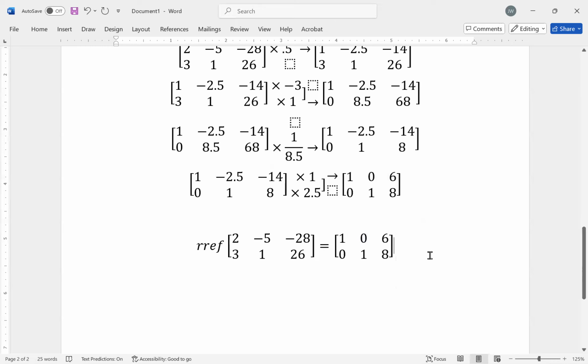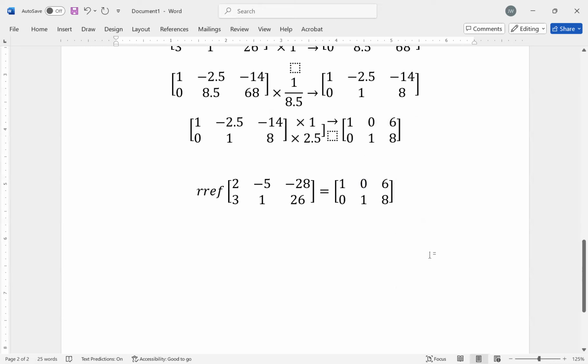And the nice thing about row reduced echelon form is that if this stood for a system of linear equations with x variable in the first column, y variable in the second column, and constant in the third column, then this row reduced echelon form of a matrix is telling me essentially that x plus 0y equals 6 and 0x plus 1y is equal to 8.